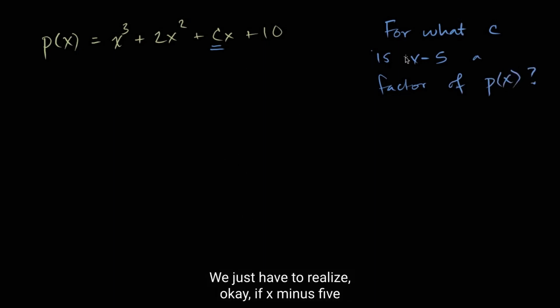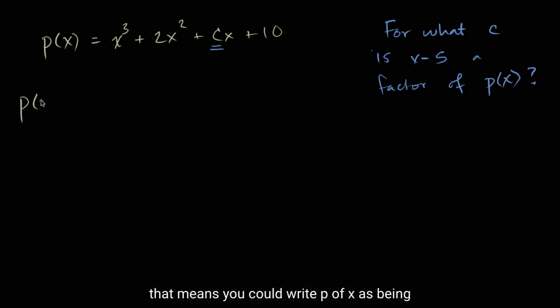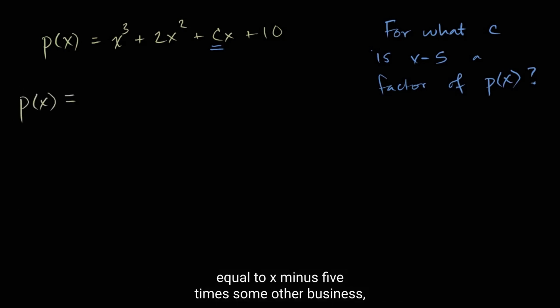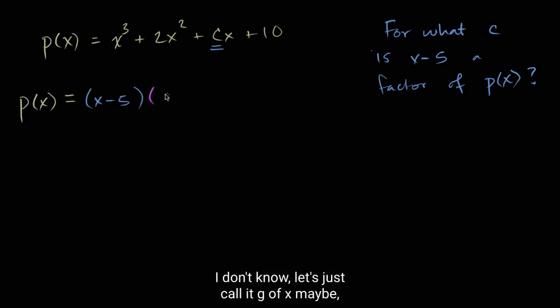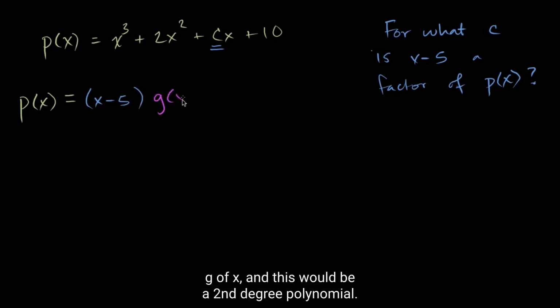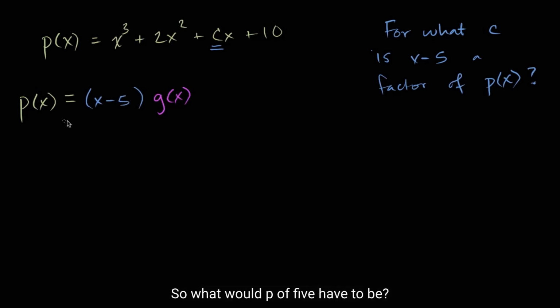All right, so I'm assuming you have attempted this. Now we just have to realize, if x minus 5 is a factor of p of x, that means you could write p of x as being equal to x minus 5 times some other polynomial. Let's just call it g of x, and it would be a second degree polynomial. So what would p of 5 have to be?